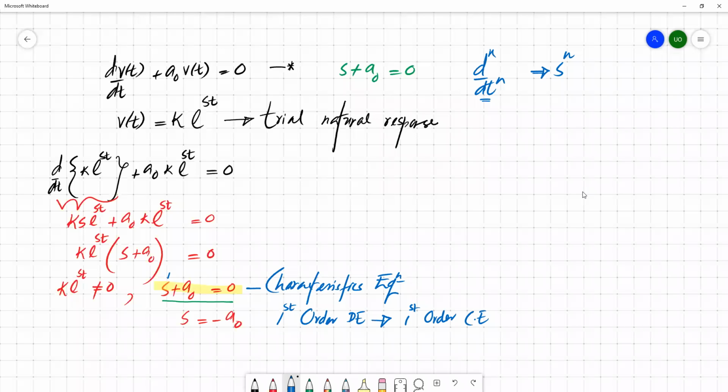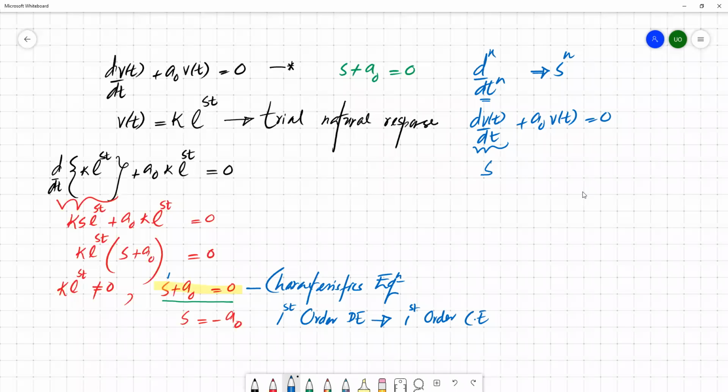So let's try it. We have dv(t)/dt plus a0 v(t) equals 0. How to get it? We have a first order derivative here, so we can replace this with s.